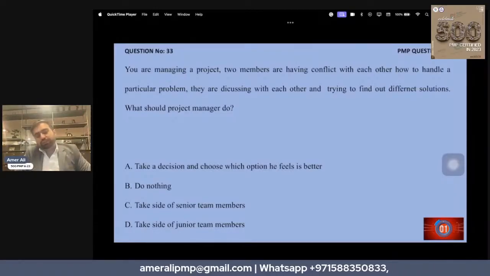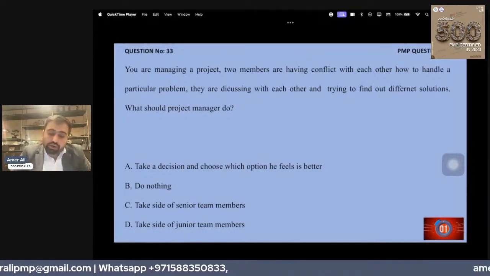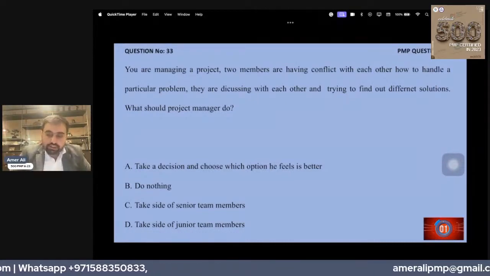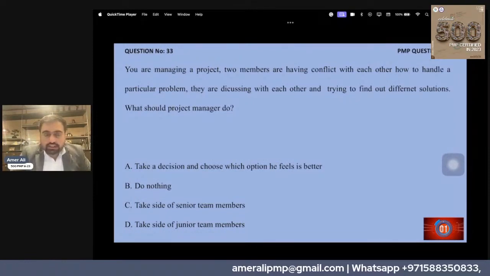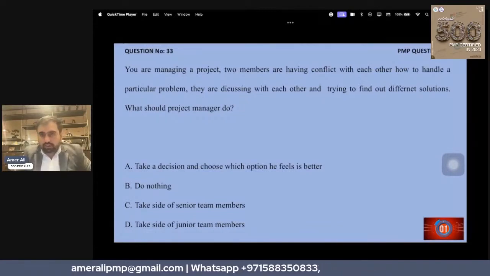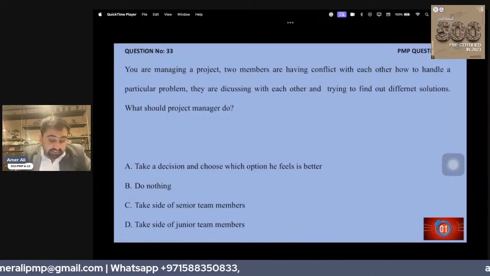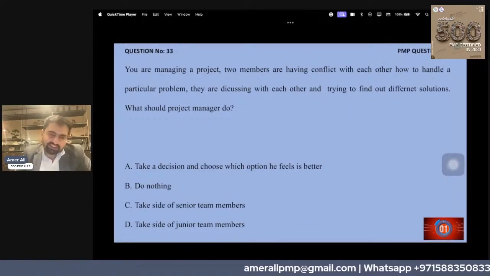What should the project manager do? You are managing a project. Two members are having a conflict with each other. How to handle a particular problem? They are discussing with each other and trying to find different solutions. Okay, now they are discussing with each other. What is the level of conflict here?